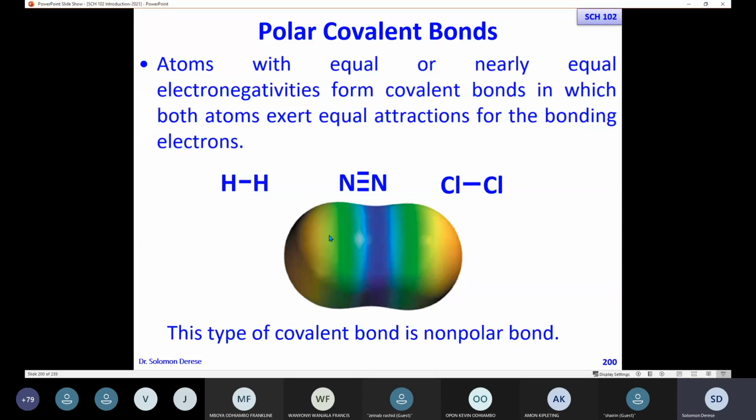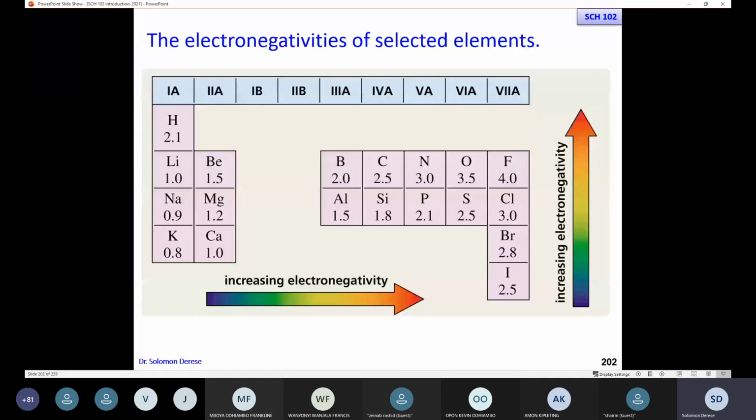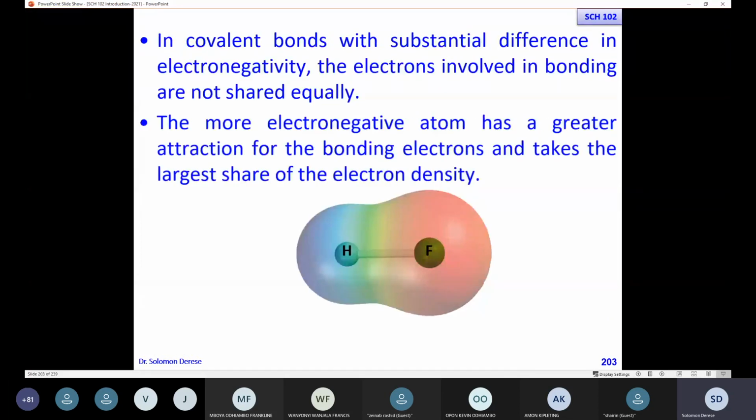But if the chemical bond is between two different elements that have significant differences in electronegativity, one of the elements will have a larger share of the electrons, as in the case of hydrogen fluoride here. This is a covalent bond between hydrogen and fluorine. Fluorine is more electronegative than hydrogen.